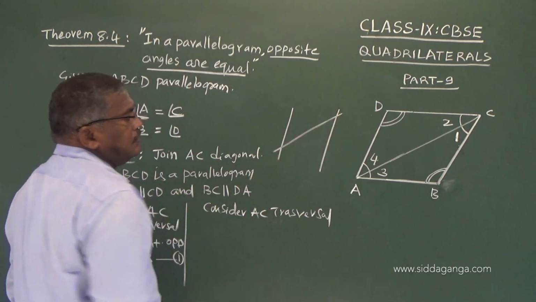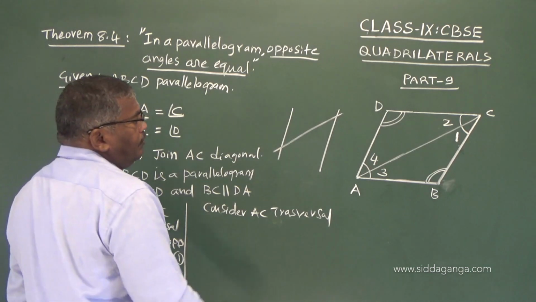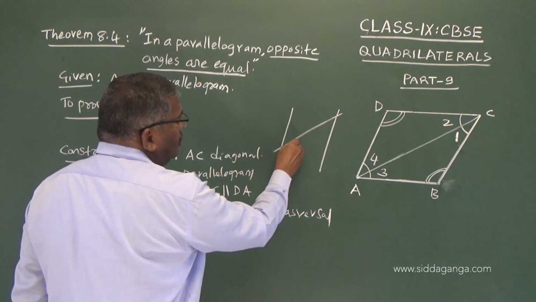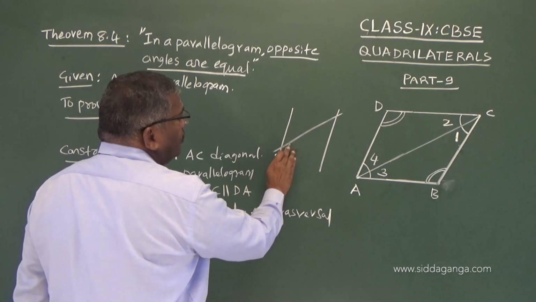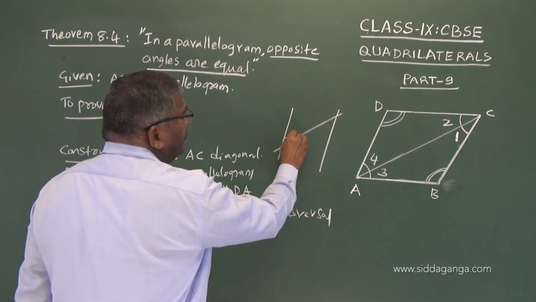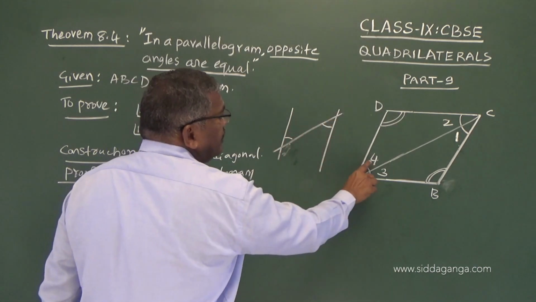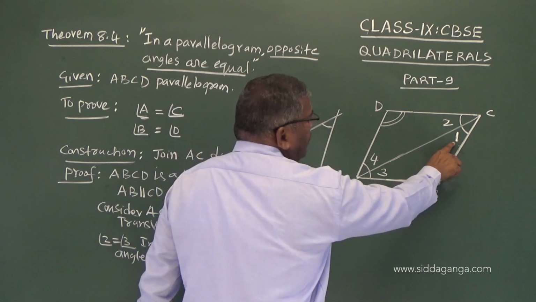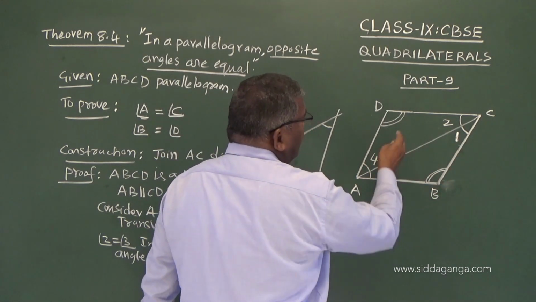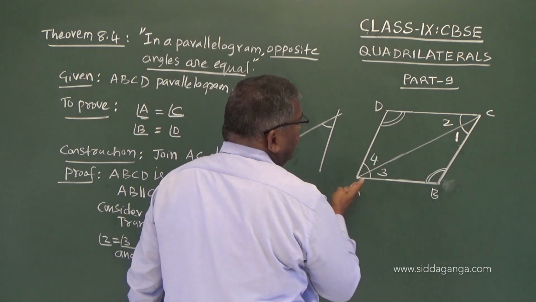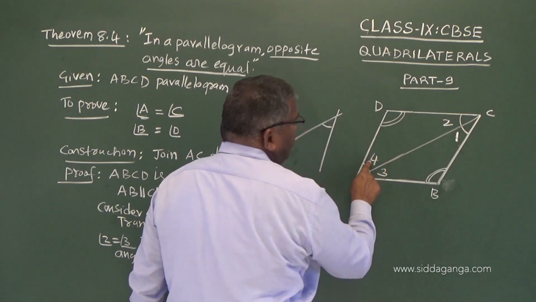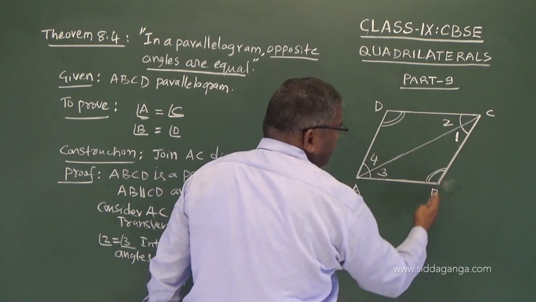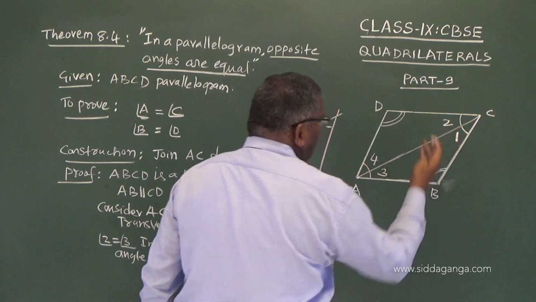Transversal is like this. So now in this case these two angles, you can observe here this one and this one. That means 4 and 1 are interior alternate angles. DC and transversal angle 4, and BC and transversal angle 1.